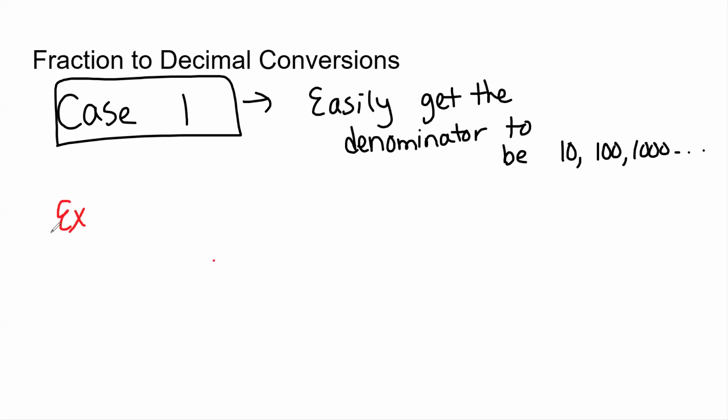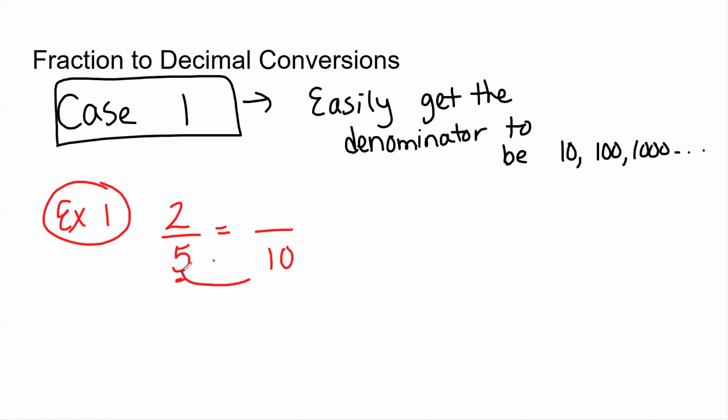Now, this is not going to include everything, but if we get one of these, it's generally okay. So let me show you. Let's say we have 2/5, and I want to turn that into a decimal. I can get this bottom to be a 10, right? This is called making an equivalent fraction.